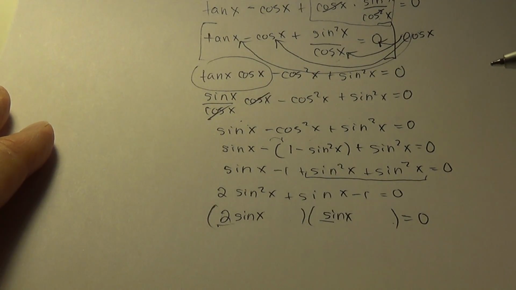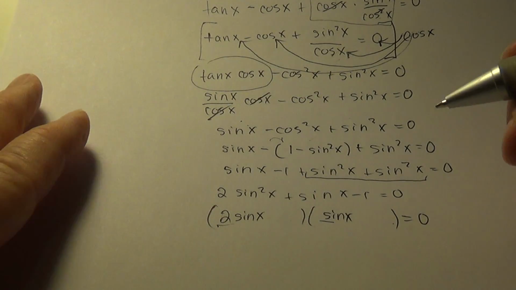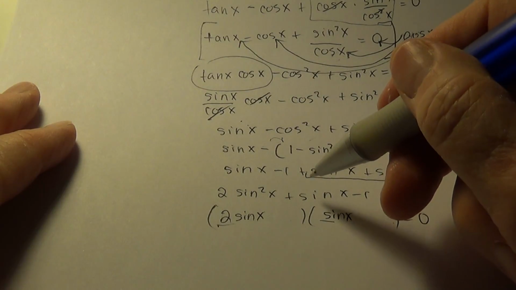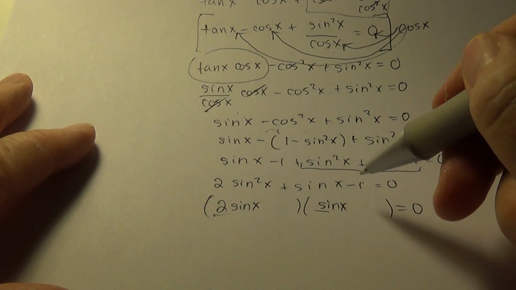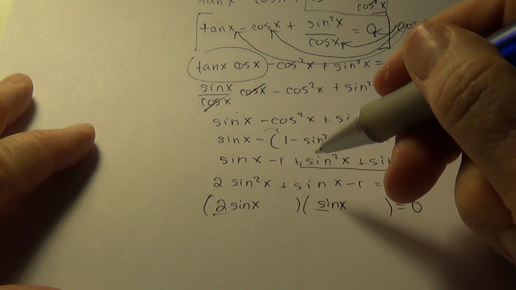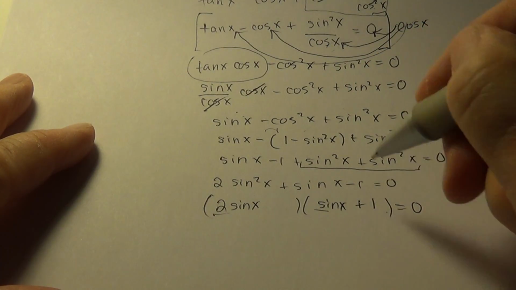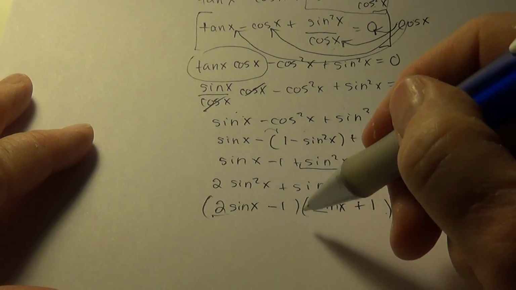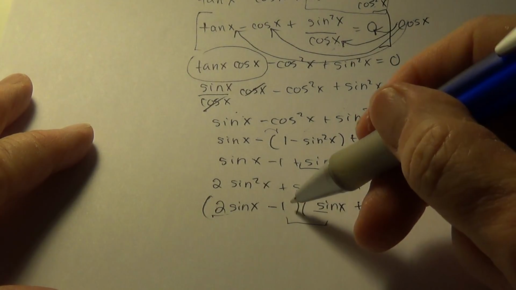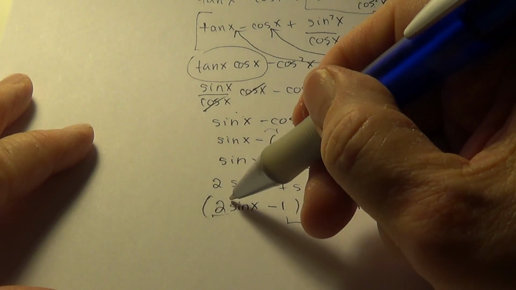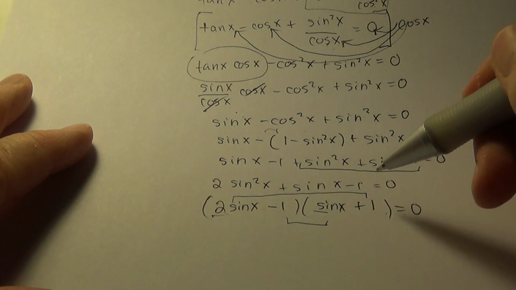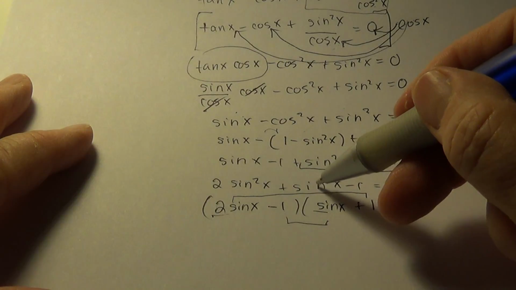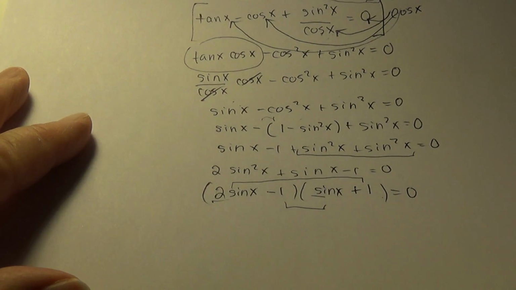So it's going to have to be -1 and +1, but they're going to add the outer and inner terms. They have to add to give me a +1 sine x. So if I put a +1 out here and a -1 in here, do you see the inner terms give me a -1 sine x and the outer terms give me a +2. +2 and a -1 gives me the plus sine x, so it worked.